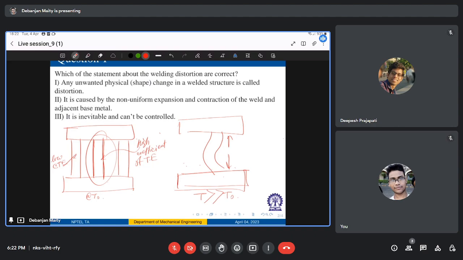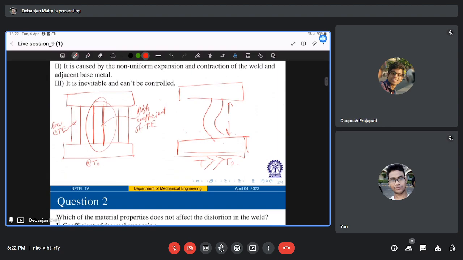Okay, so sorry, in general, residual stress will be relieved during the process of macroscopic distortion.